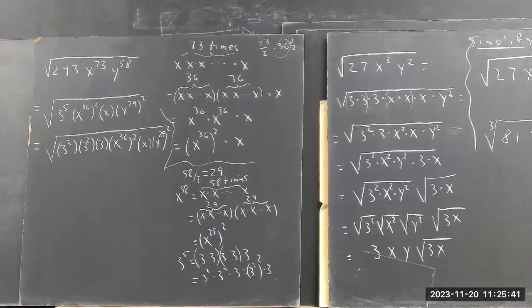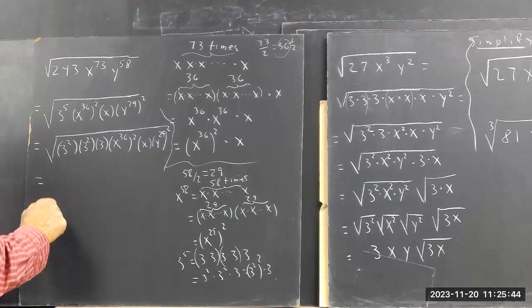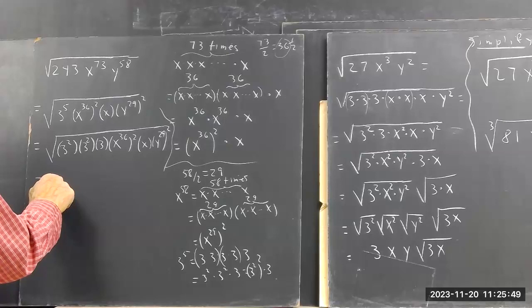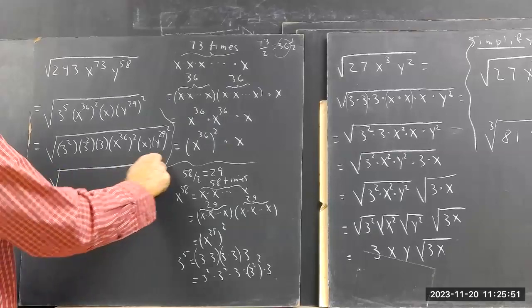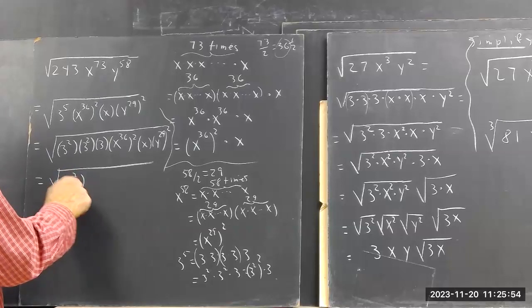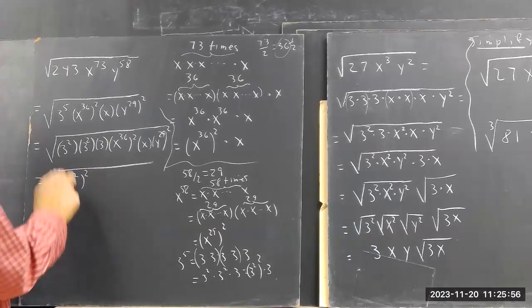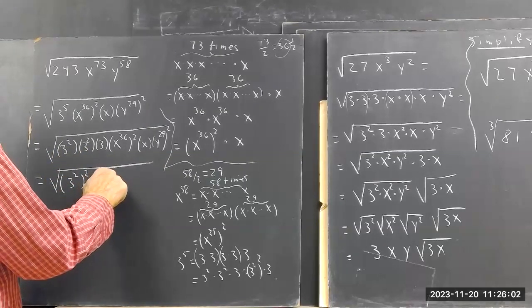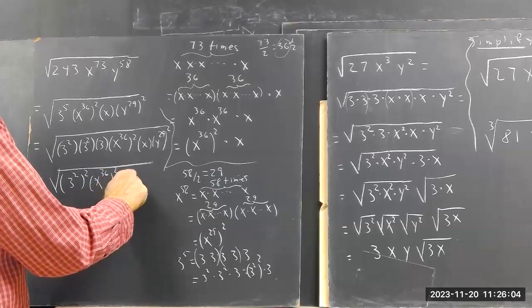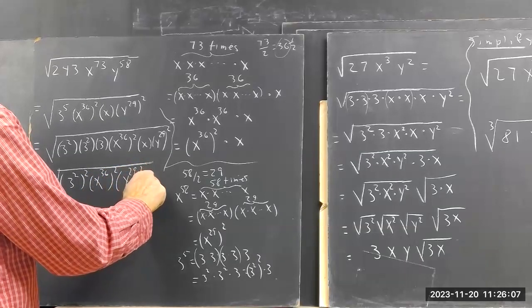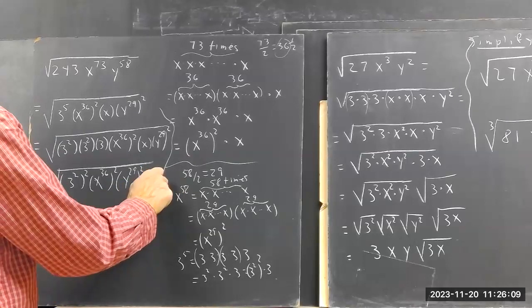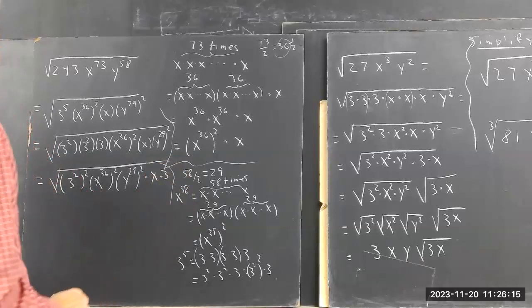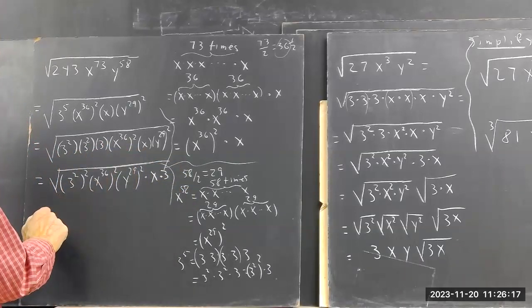But keeping with what we've been doing, 3 squared times 3 squared is 3 squared squared. We've got x to the 36 squared, we've got y to the 29 squared, and we've got an x left over and a 3.